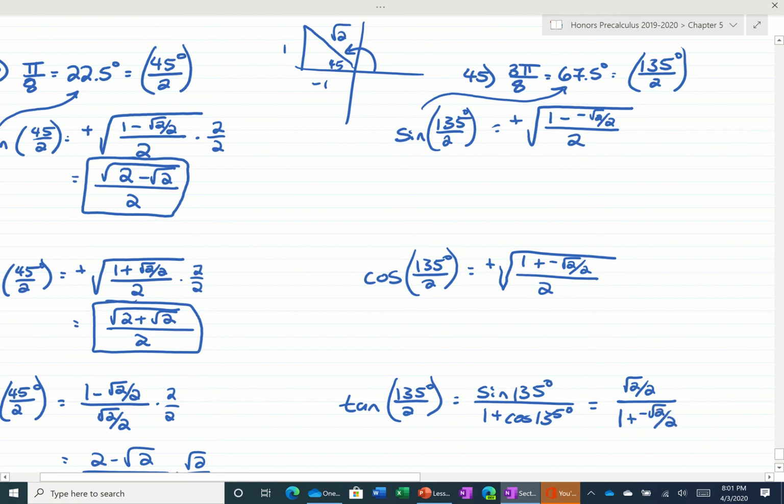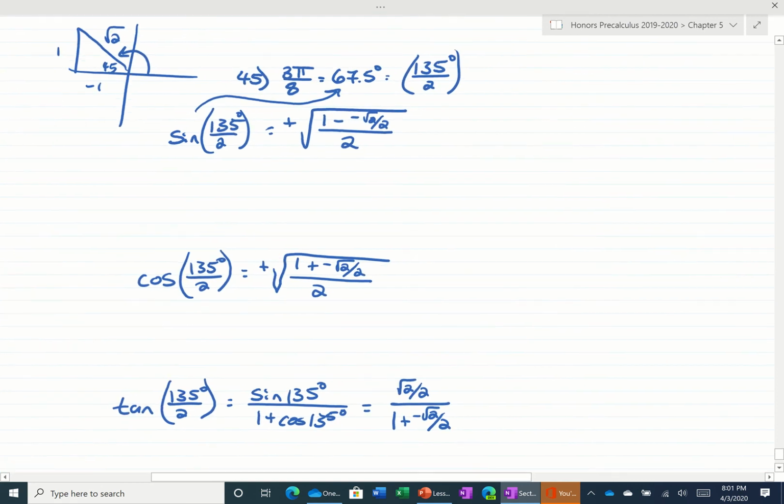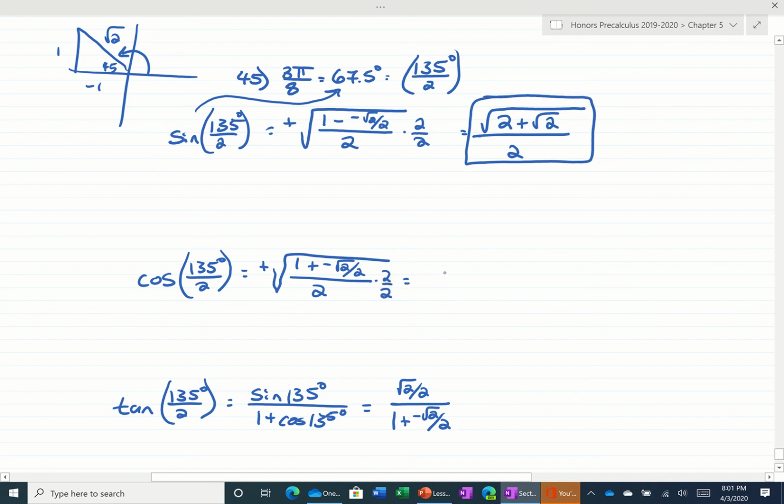So now let's simplify these fractions and see what we come up with. I'll multiply by 2 over 2 here. This gives us square root of 2 plus root 2 all over the square root of 4. It's not pretty, but that's what it is. If we multiply by 2 over 2 here, we get 2 minus the square root of 2 over the square root of 4.